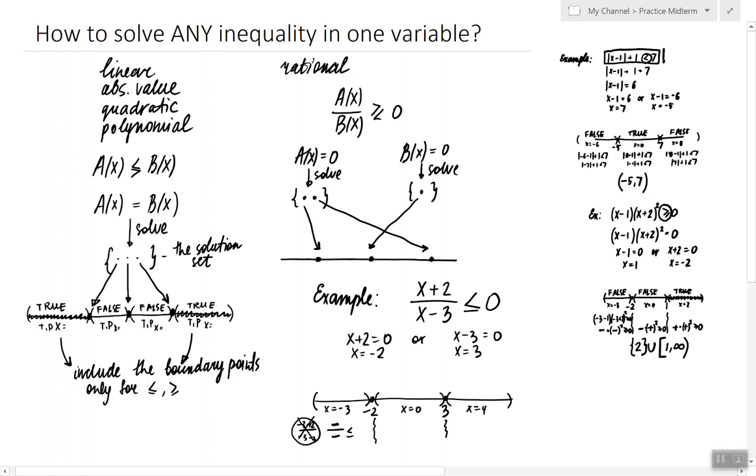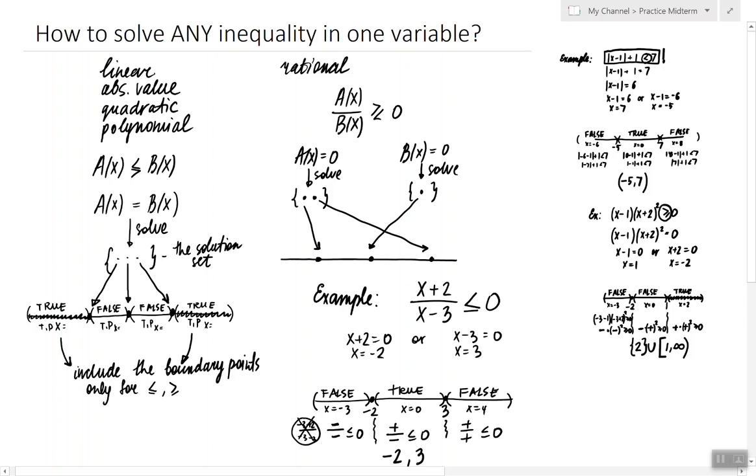So negative over negative is positive, so the inequality is false. Now at 0 we have positive divided by negative, then it's true. And at 4 we have positive divided by positive, which makes this inequality false. So the only interval on which this inequality was true is between negative 2 and 3. So negative 2 and 3 is my solution set.